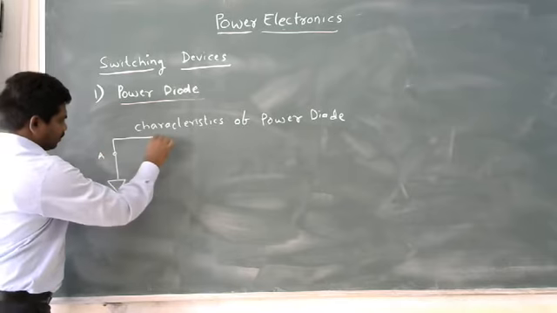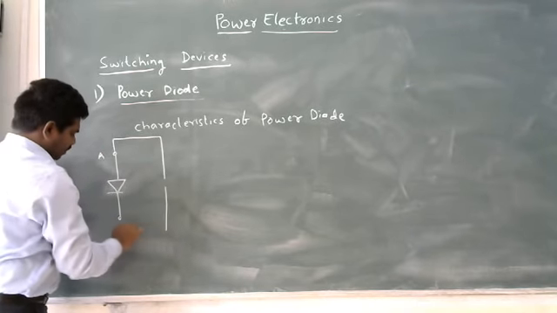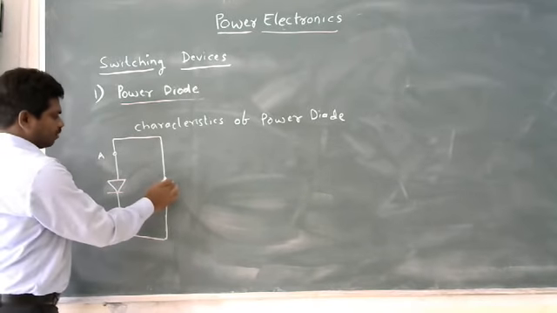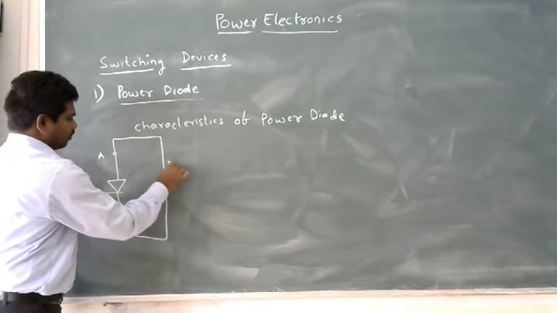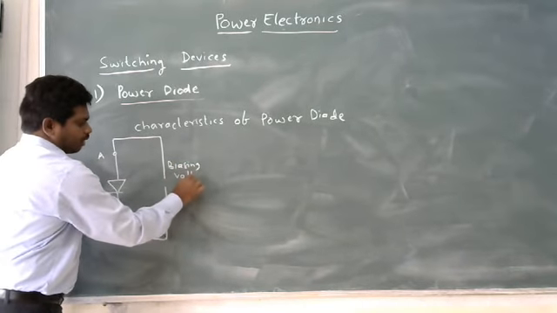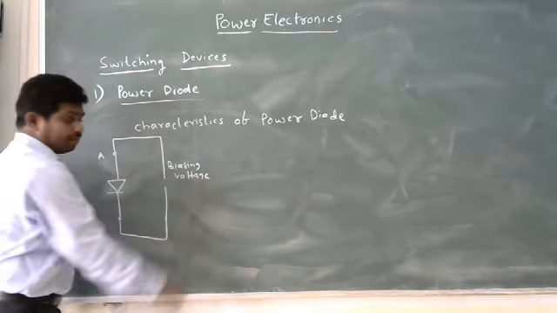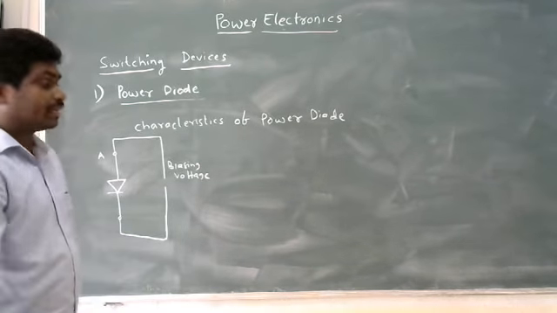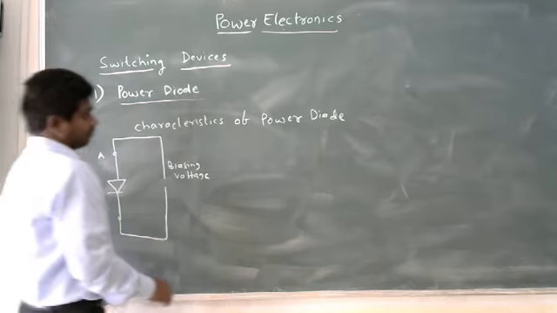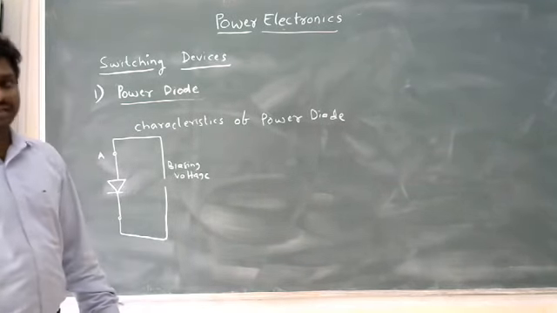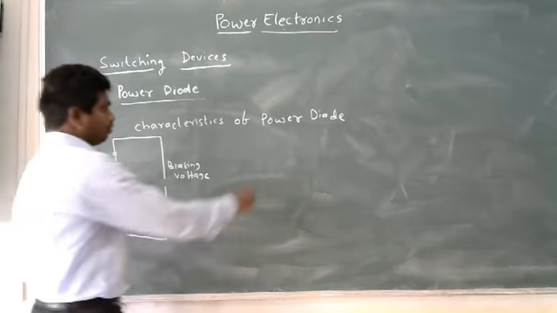I'm connecting different biasing voltages. Based on the voltage that I apply to the device, it decides the operation and characteristics of the device. Basically we can call that the static VI characteristics of the power diode.